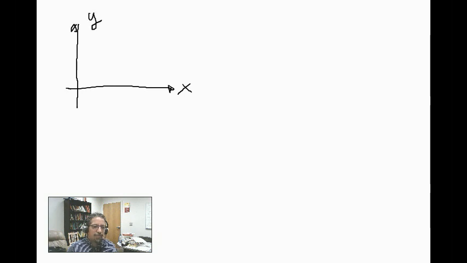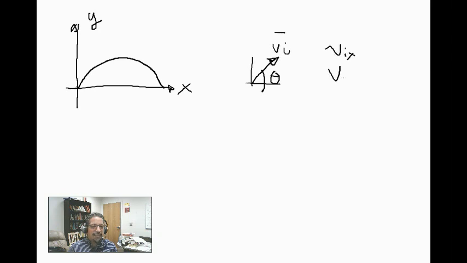It is the one the book uses, and in this standard system of coordinates, this is a piece of a parabola, and your initial velocity might look like that. Typically, you're given the magnitude and direction of this vector, so that you're able to determine the initial components in the x direction and the y direction.